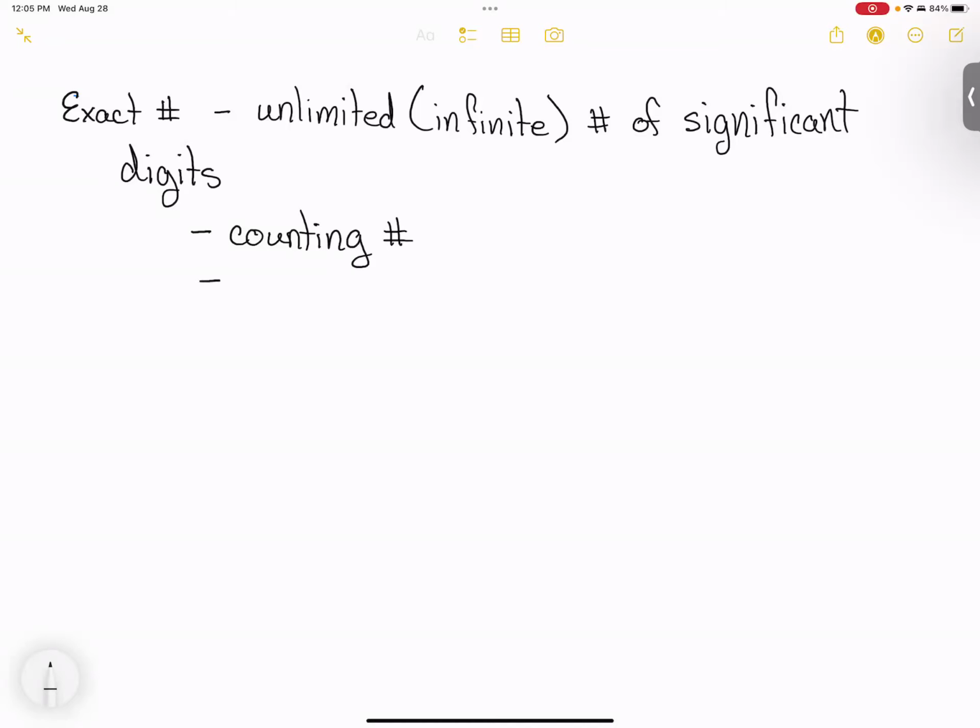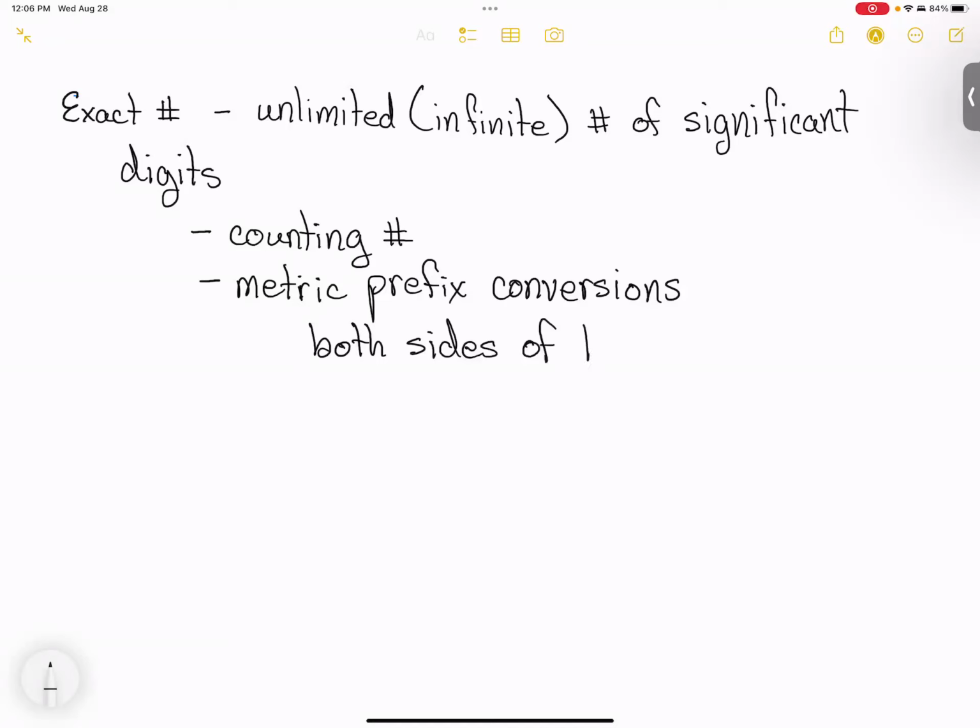Another example is your metric prefix conversion units. Both sides of this equality are exact numbers.